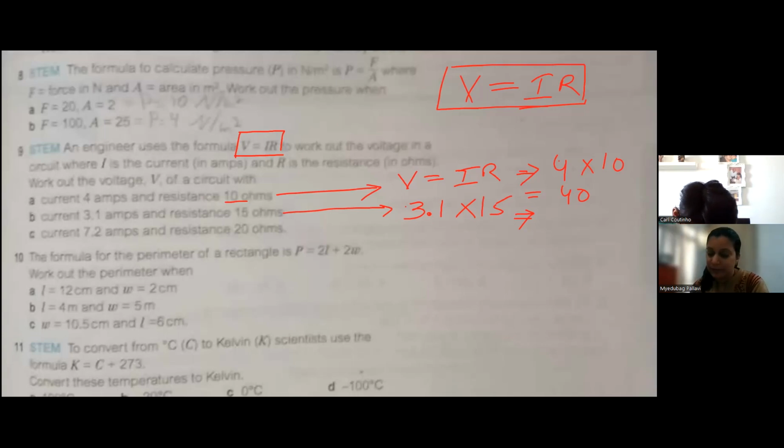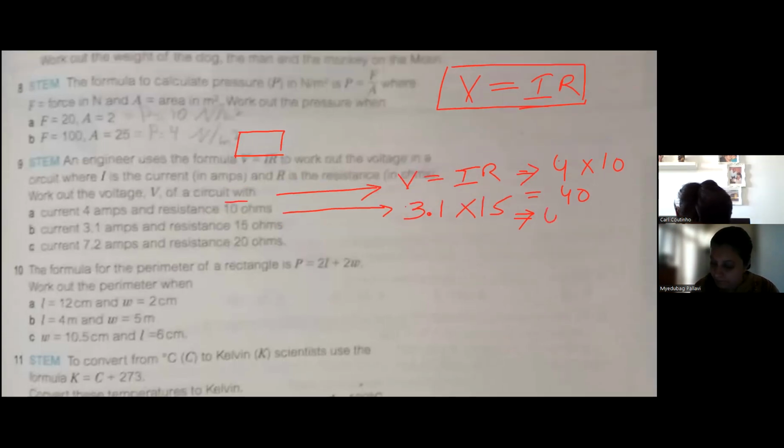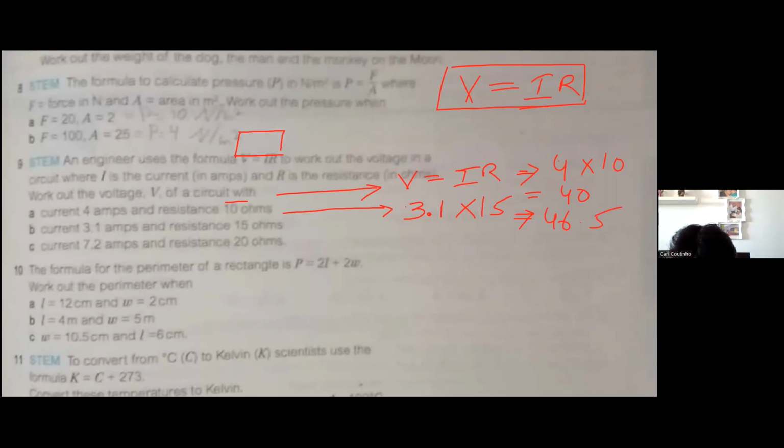Done for the B part? How much is it coming? 46.5. Okay, that's correct. It will be 46.5. For the next part, 144.